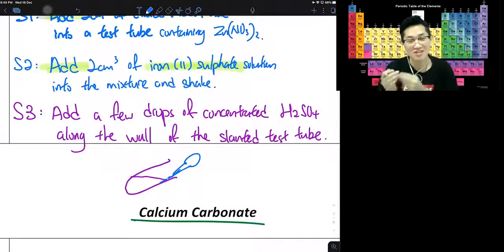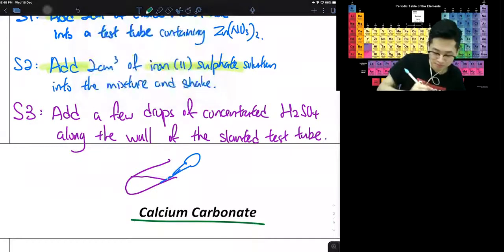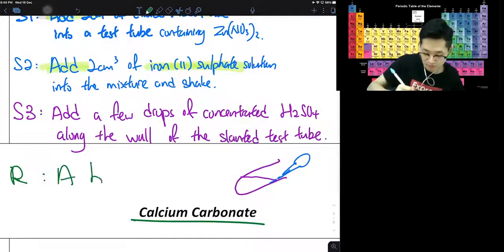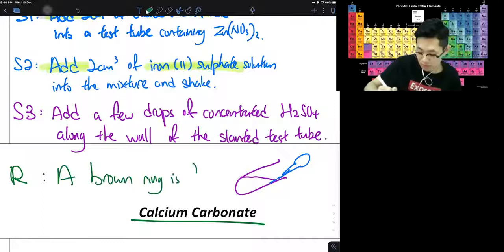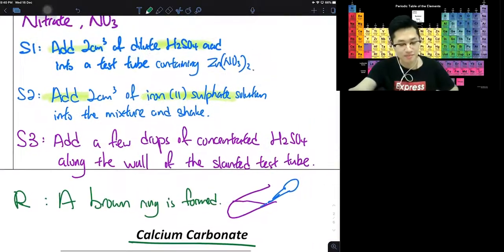Add a few drops of concentrated sulfuric acid along the wall of a slanted test tube. Result, a brown ring is formed. Finish.